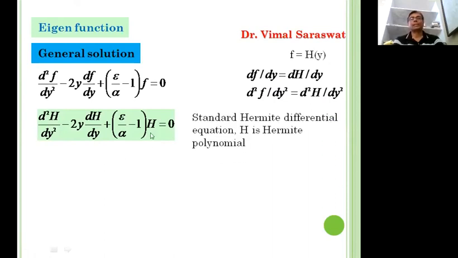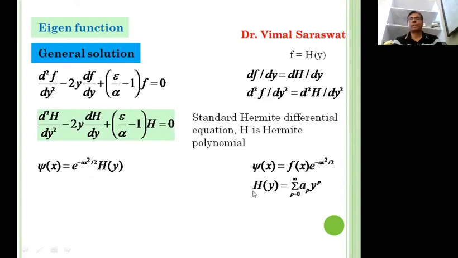This is actually a standard Hermite differential equation, and here h is the Hermite polynomial. Since the solution of the equation is psi equal to f exponential minus alpha x square by 2, the solution of our equation is psi equal to exponential minus alpha x square by 2 h of y.